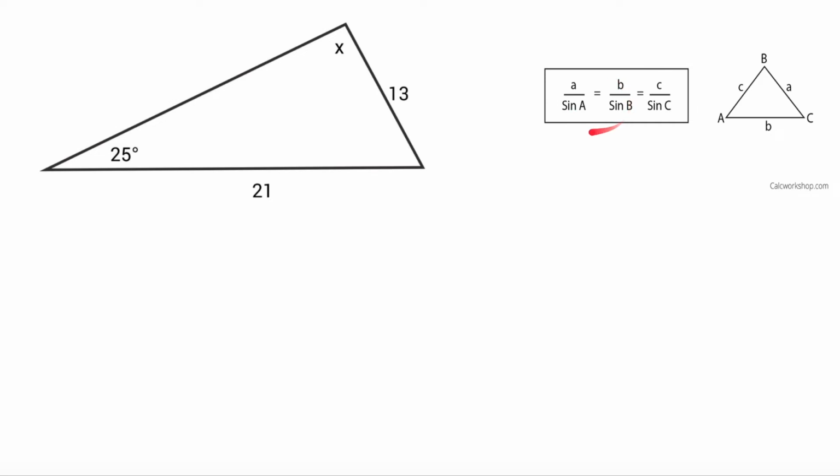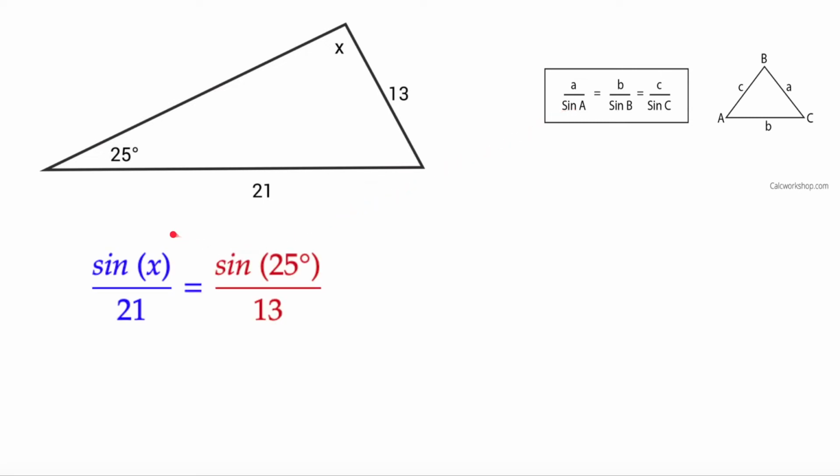This part of the equation, but we'll be using the reciprocal because it is easier to multiply that way. So we flip the sine on top and the small letters on the bottom. These sides are on the bottom. 21 corresponds with x. X opens up to the 21, just to make sure that you guys are not lost with me, so we'll write that under sine of x because we don't know what x is.